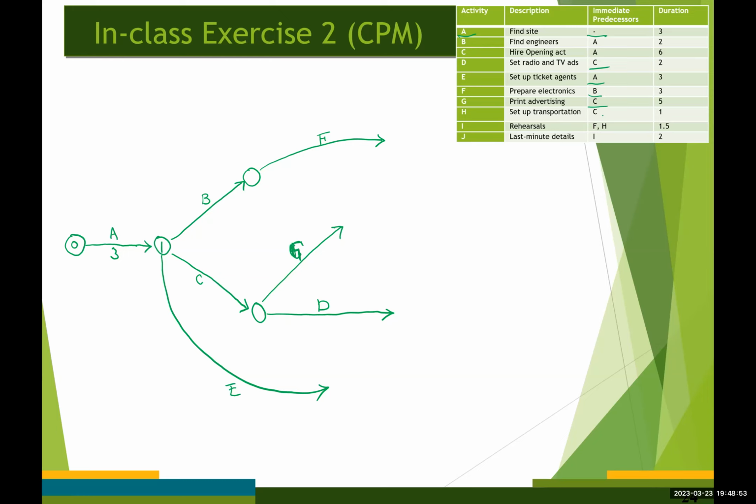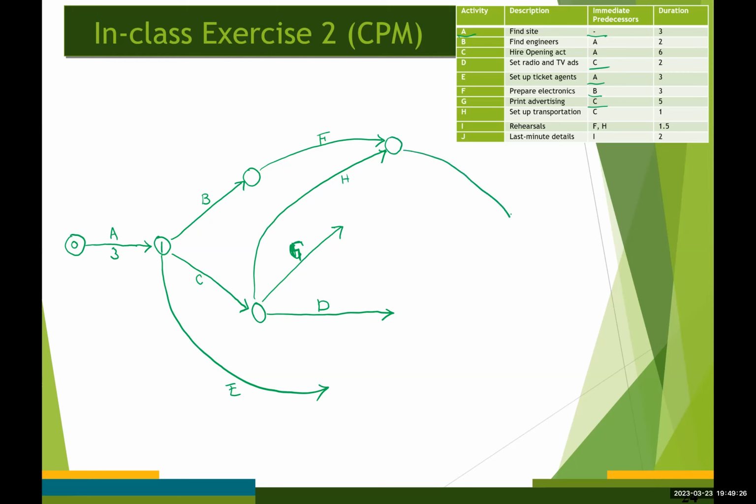And H has a predecessor, which is C. So this is going to be H, and then I has 2 predecessors.